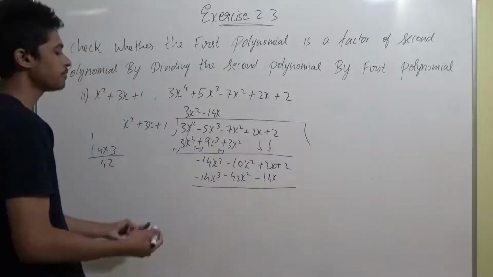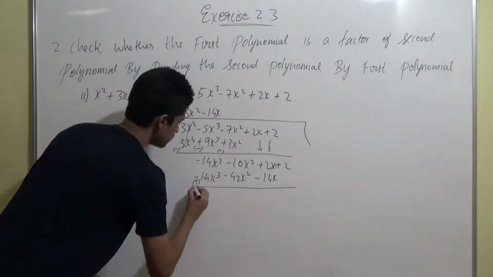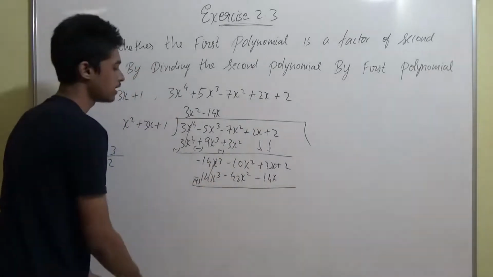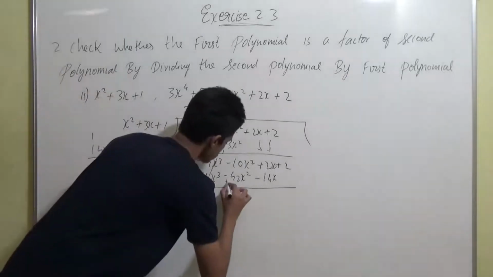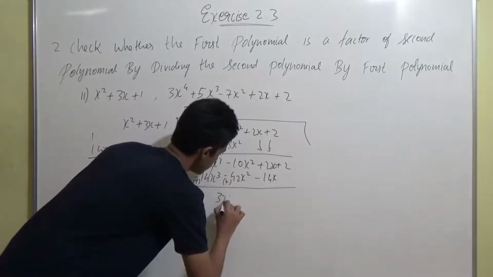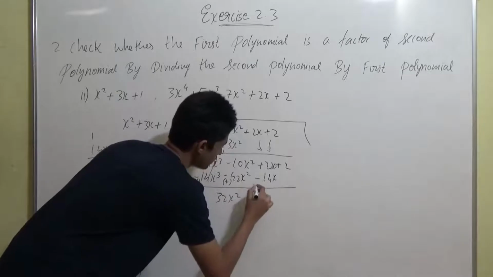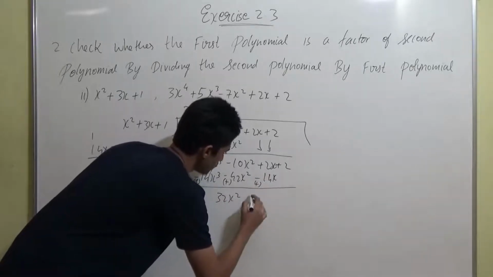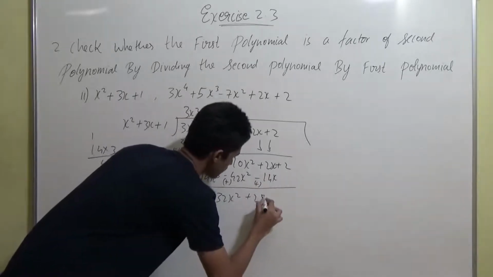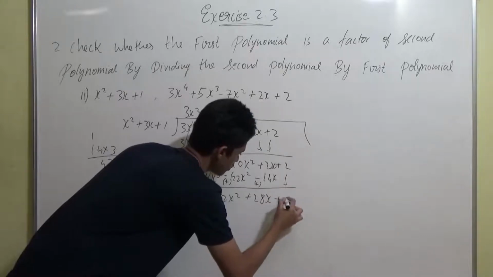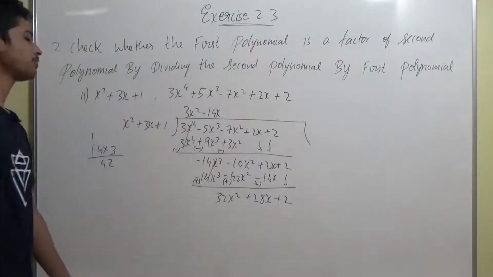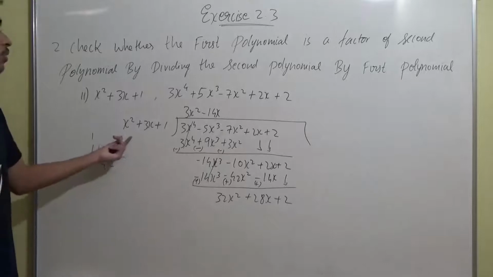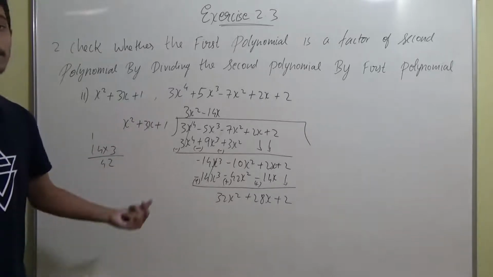Now if you subtract them, what you are going to get is, this term gets cancelled guys, right? And this term becomes 32x to the power 2, and this term becomes 2x plus 14 becomes plus 28x, and this term we are just going to pull down. Now we have to see x square multiplied by what is going to give 32x square.